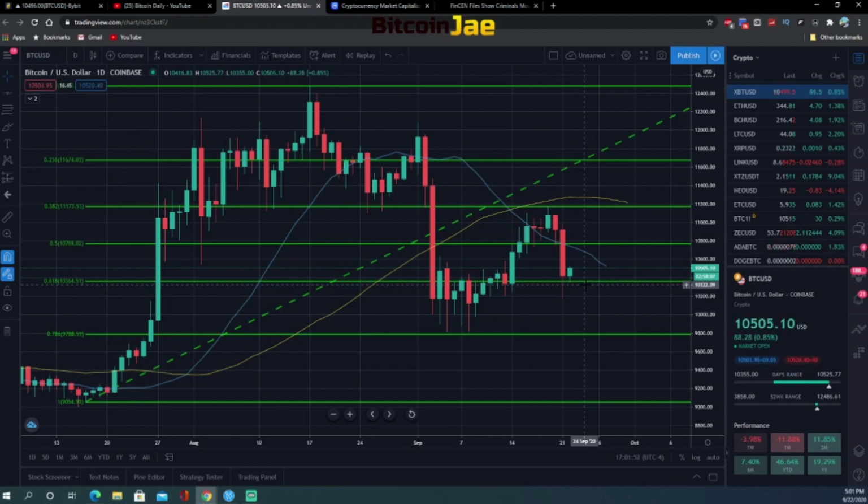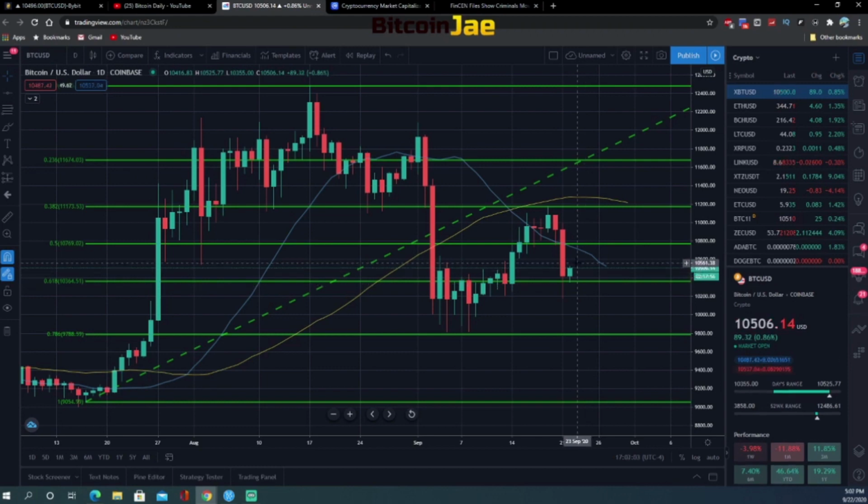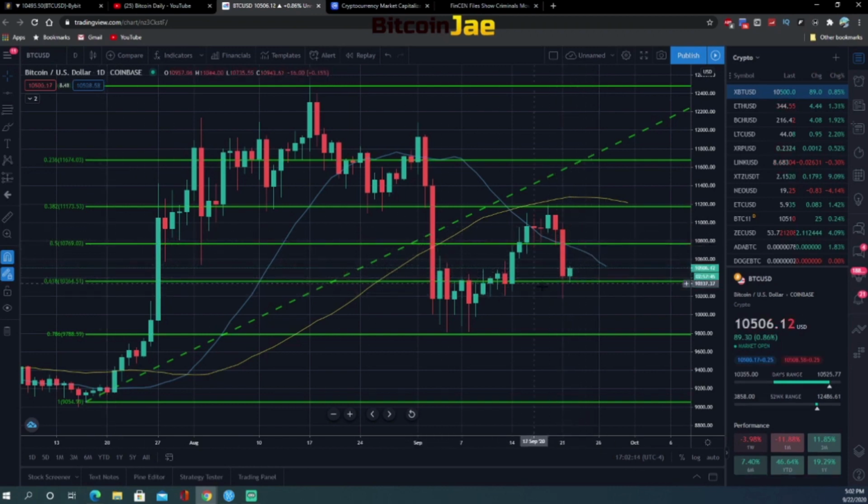So that gives me a stop of around probably 10,300-ish, or 10,350. And then my target is gonna be right up here, which is around the 10,800 level. So that is exactly how I would use the Fibonacci levels to plan out my trade.